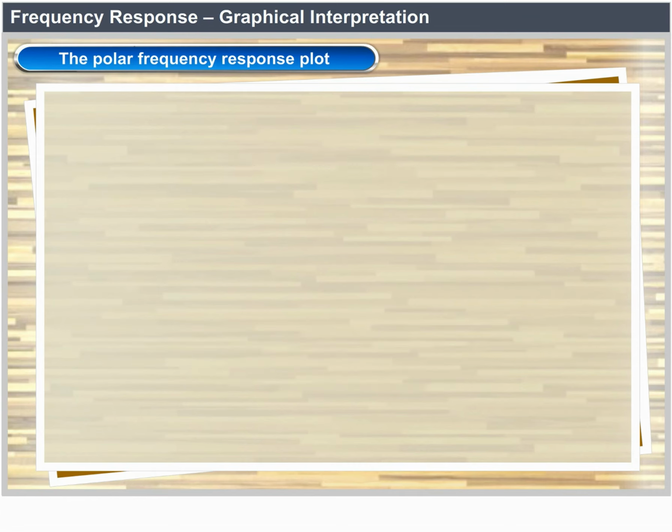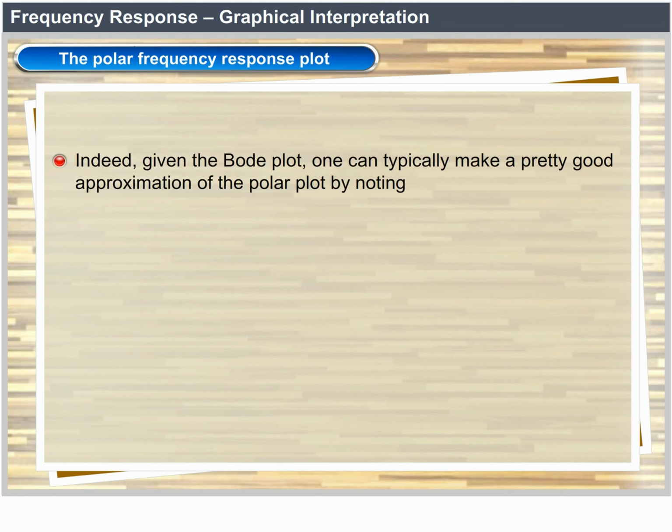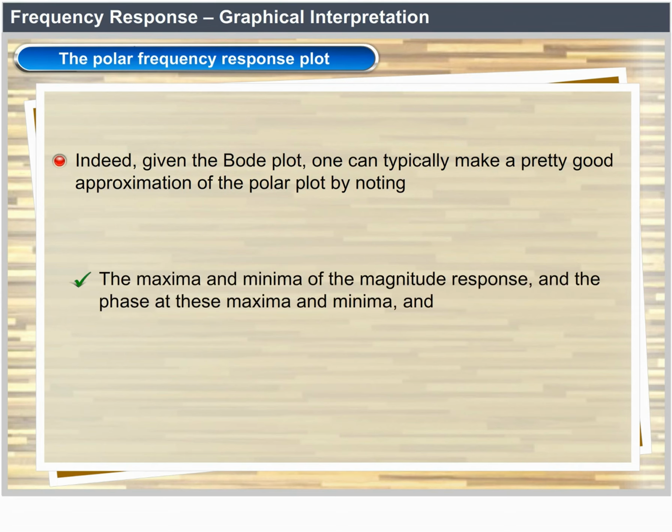Indeed, given the Bode plot, one can typically make a pretty good approximation of the polar plot by noting the maxima and minima of the magnitude response and the phase at these maxima and minima, and the magnitude when the phase is 0, plus or minus 90 degrees, or plus or minus 180 degrees.